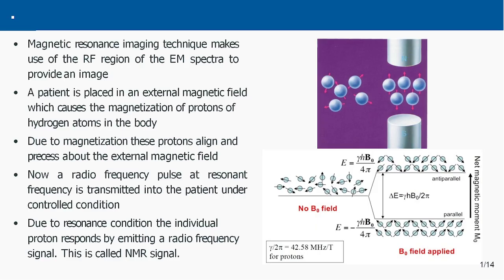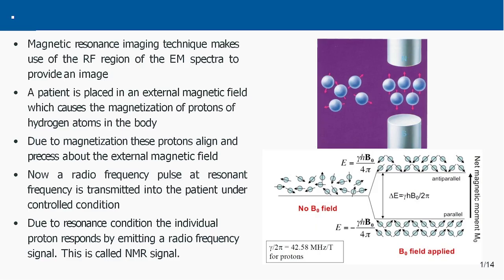But in this imaging technique, an RF or radio frequency energy source is used for imaging. This is one advantage, because these radio frequencies are not ionizing in nature. They will not create ionization in our tissue, and so they are comparatively safer than X-ray and CT scan.